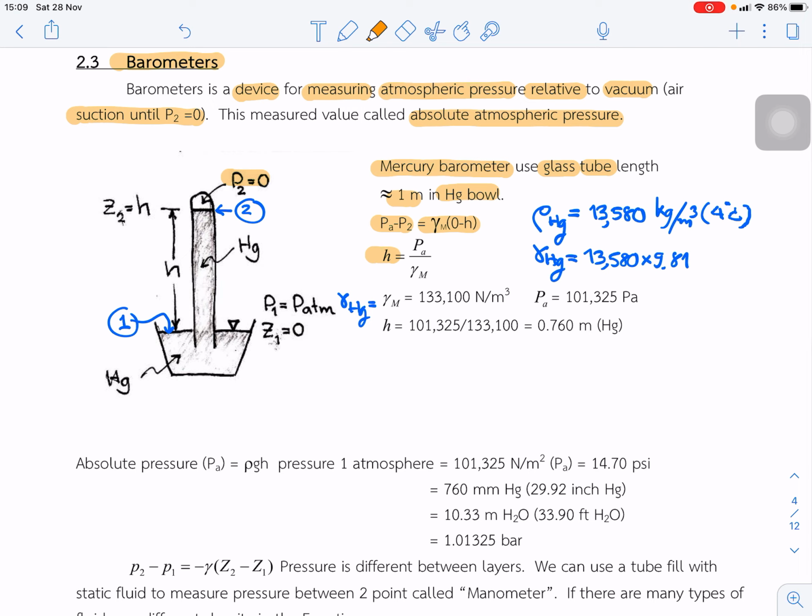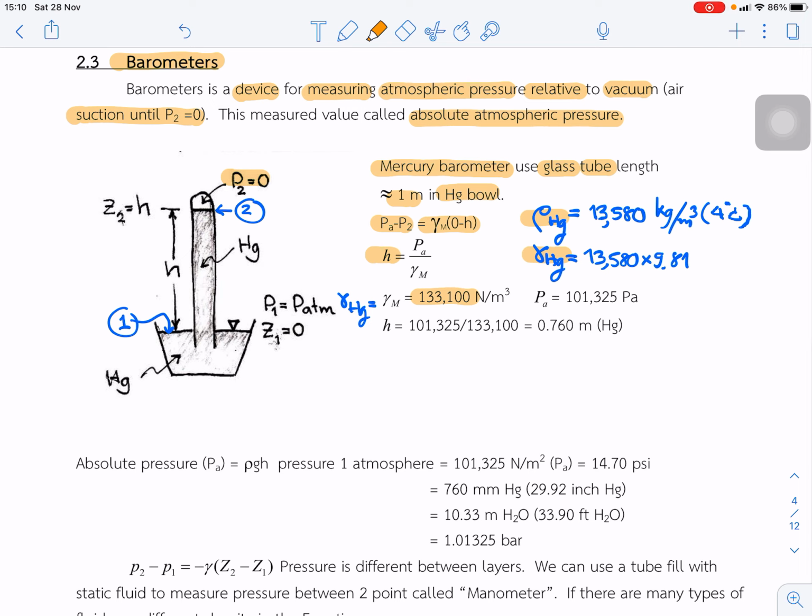In this case, gamma m is the specific weight of mercury, from the density of mercury, 13,600 times g. So we got the gamma of Hg is about 133,000 Newton per cubic meter.